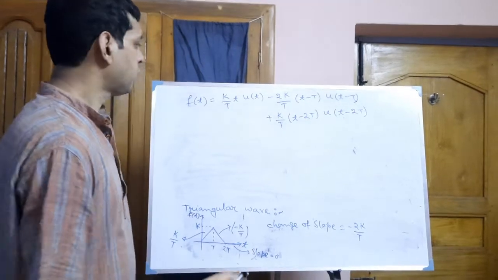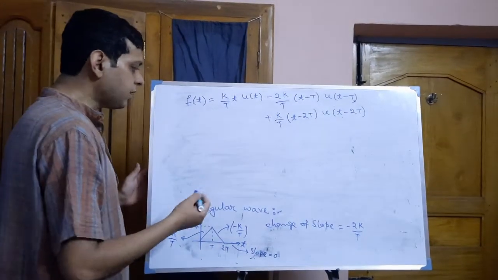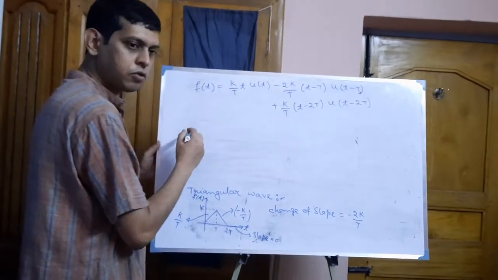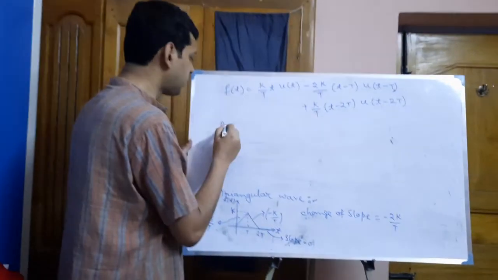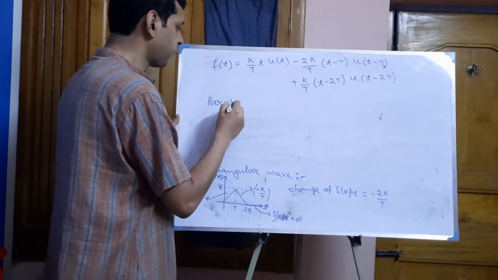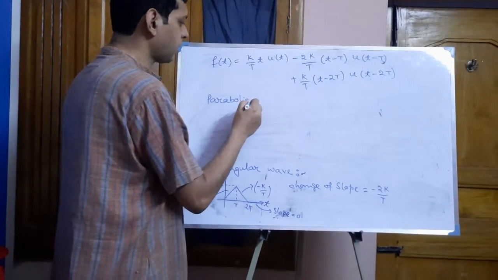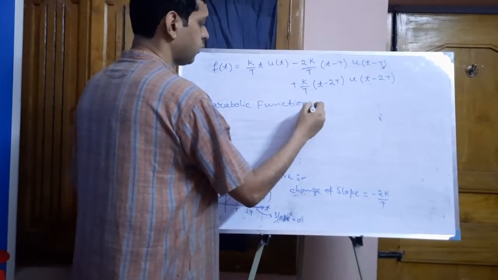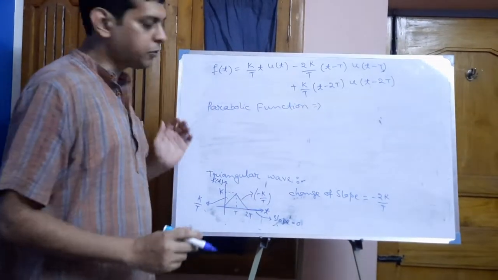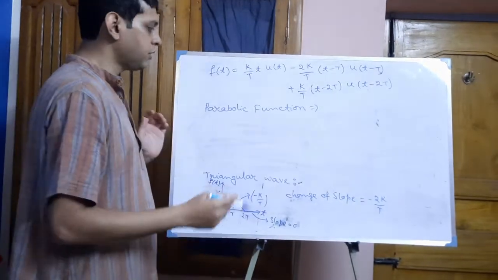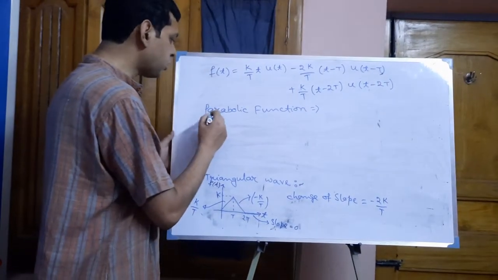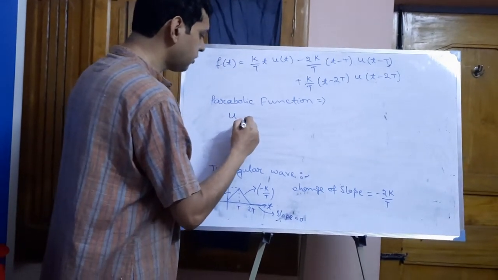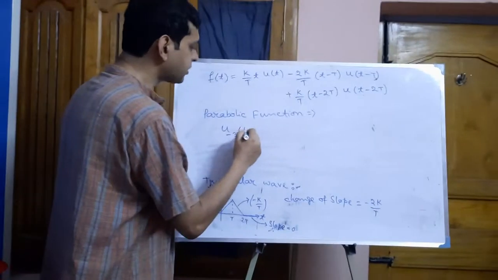Okay, now let us proceed to another important function, which is called the parabolic function. Now the definition of a parabolic function is u minus 3 (t).